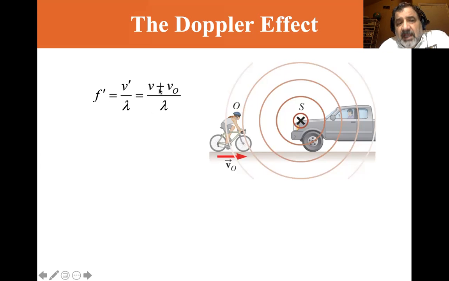And that's equal to the velocity plus the velocity of the observer, divided by the wavelength.